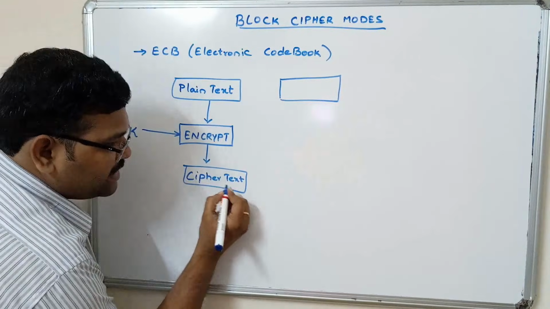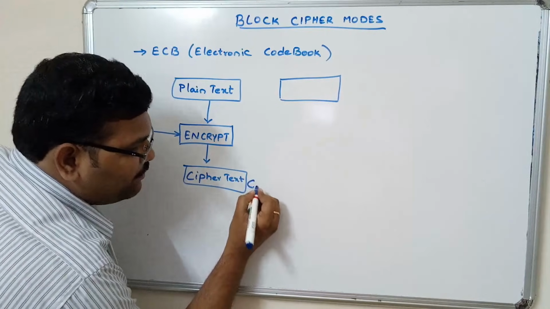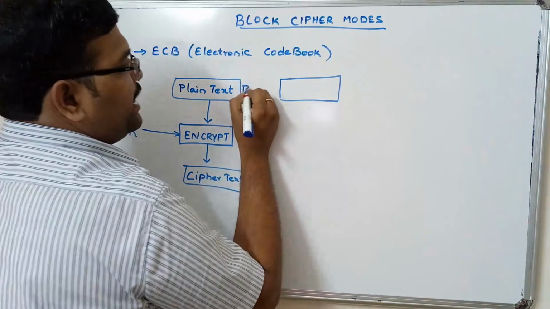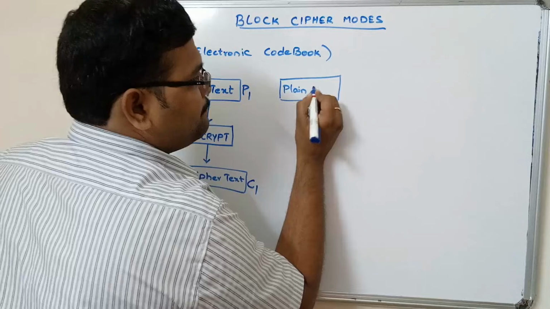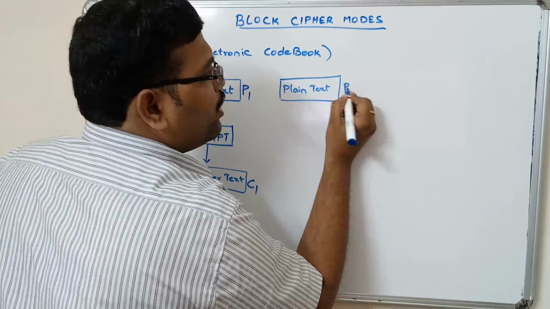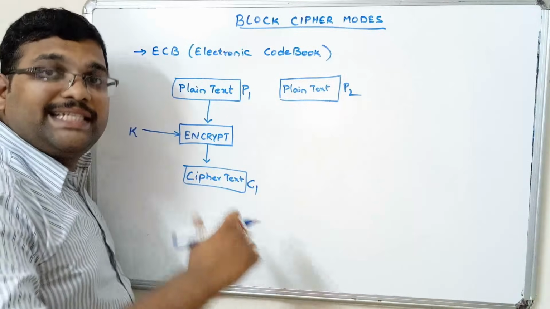We will get the ciphertext, let us call it C1. We call this plain text P1, the first block. Again, we take the plain text which we call P2, the second block.